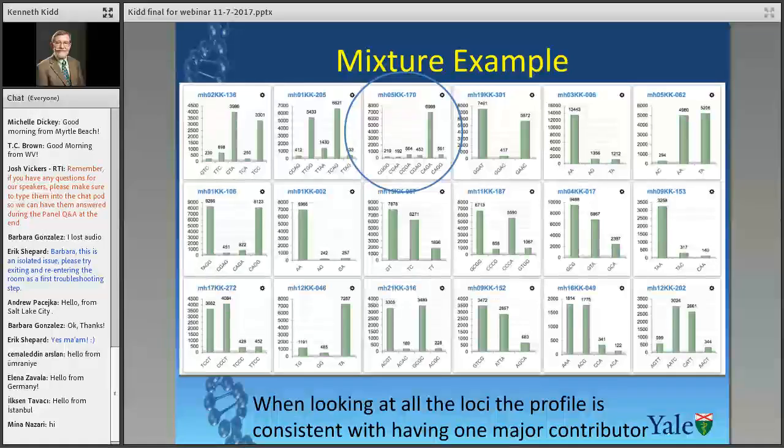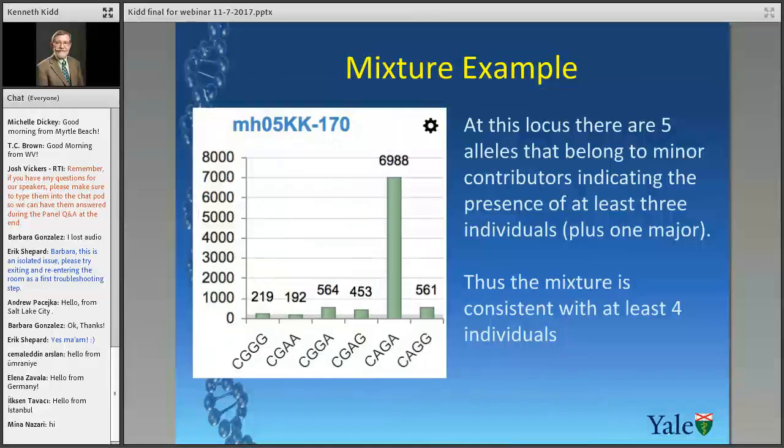evaluated with number of reads. And I'm going to focus in on this one, where there are a total of 6 different haplotypes with a significant number of reads. So there are clearly 5 alleles that belong to minor contributors.